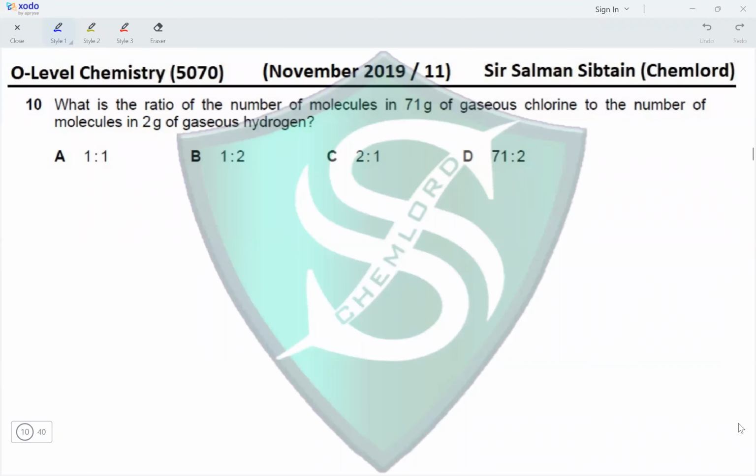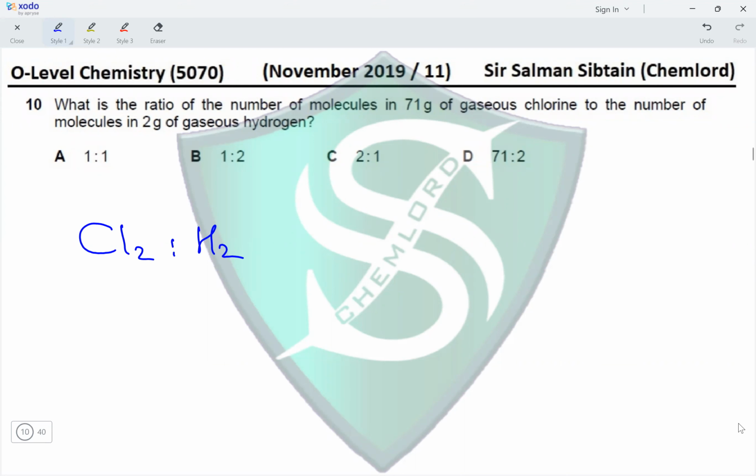Question 10. What is the ratio of the number of molecules in 71 grams of gaseous chlorine to the number of moles in 2 grams of gaseous hydrogen? So chlorine is to hydrogen, and we want to find out the ratio of the number of molecules. So number of molecules can also be represented by number of moles.